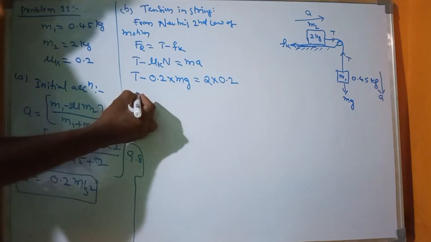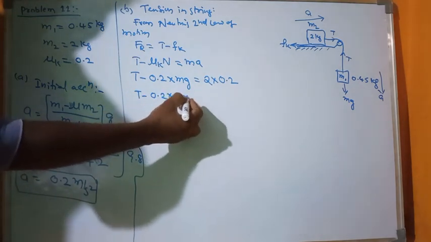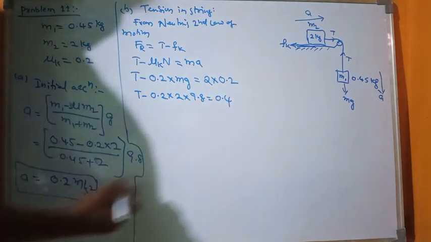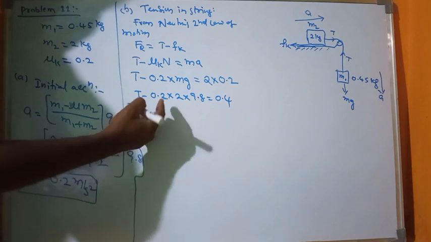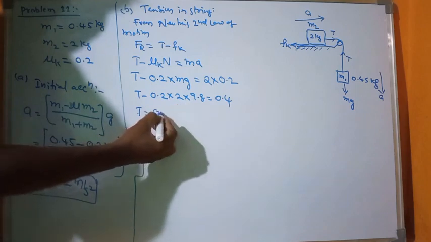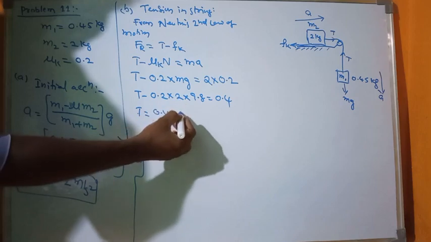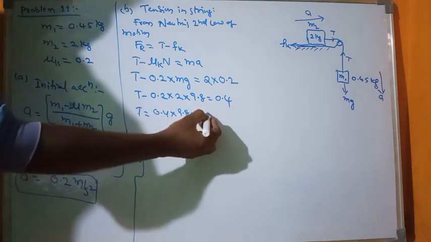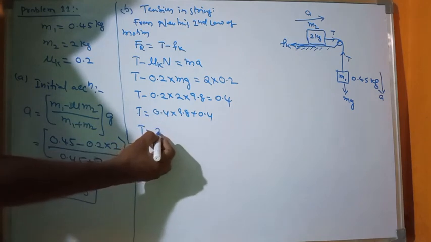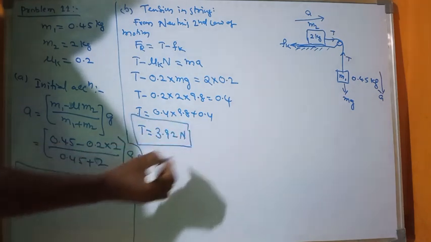So it is T minus 0.2 into m which is 2 kg, g is 9.8, equals 0.4. Then T is equal to, taking this to that side, 0.4 plus 0.2 into 2 into 9.8. After solving all these, we are getting 3.92 newtons. This is the tension force.